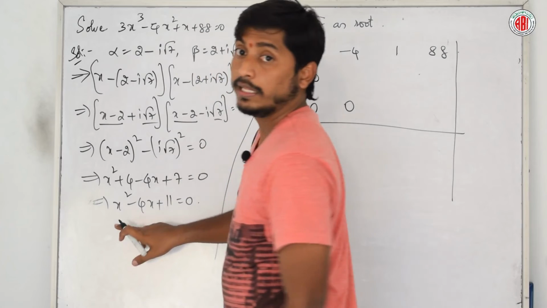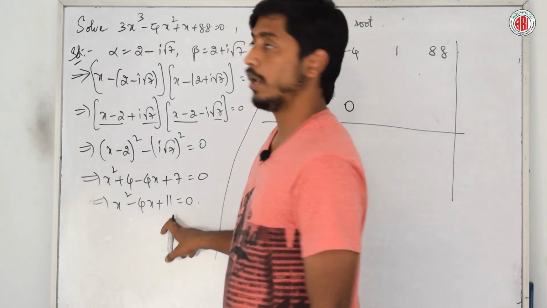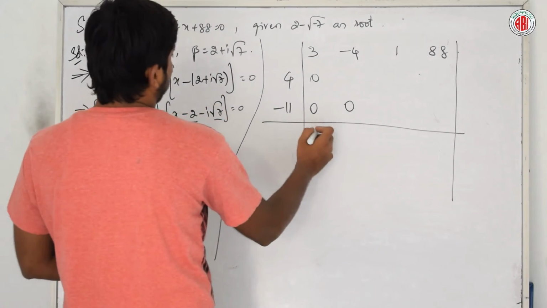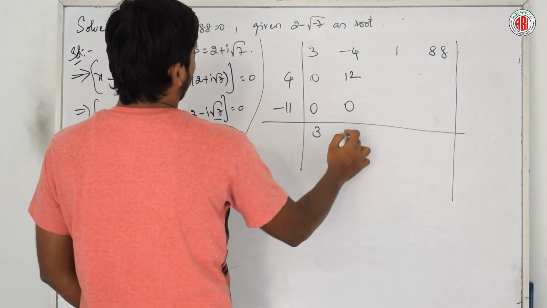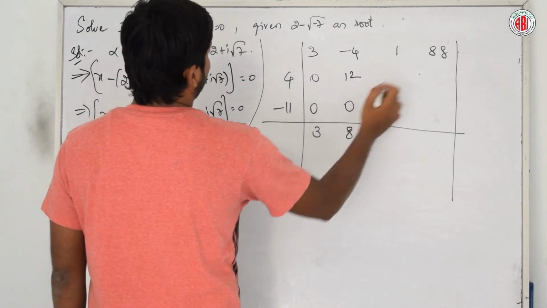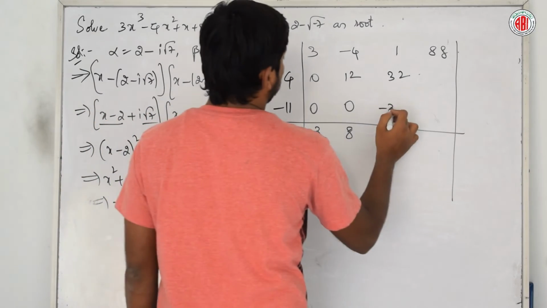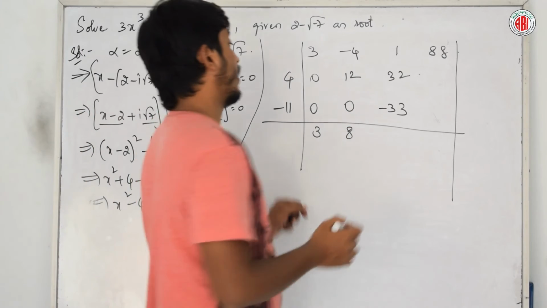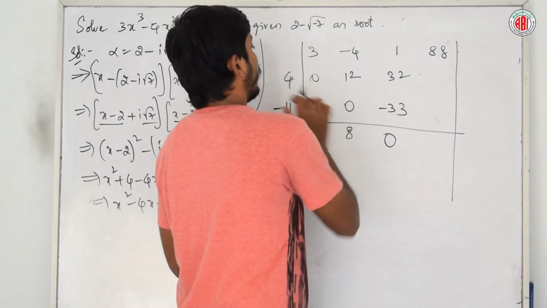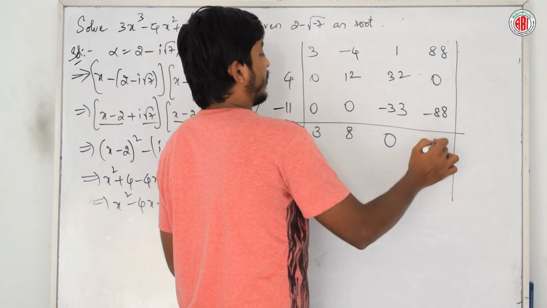Is it okay? This is negative of the coefficients we have to take. Okay? Fine. Now see here, this is 3, 4 3s are 12. Now 12 minus 4 is 8. 8 4s are 32. 11 3s are 33. 32 plus 1, 33. 33 minus 33, however, it is 0. 4 zeros are 0. Next 8 11s are 88. This becomes 0.